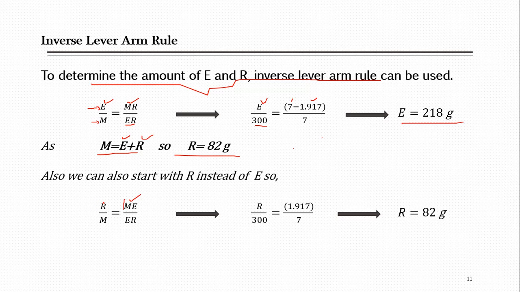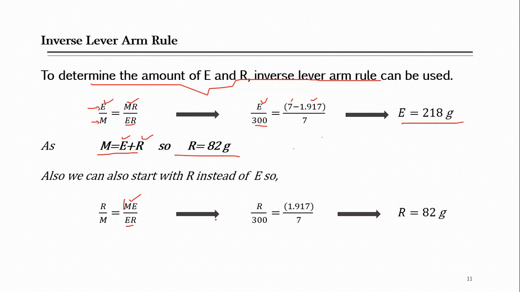For calculating R, we are inversing it. We are not using the distance of the same side for R, we are inversing it. Due to this, they call it the inverse lever-arm rule. M is correlated to ER, which shows the overall distance, and M means the complete amount of the mixture that was coming from feed and solvent. So this ER, due to this, we are using as a whole for M.